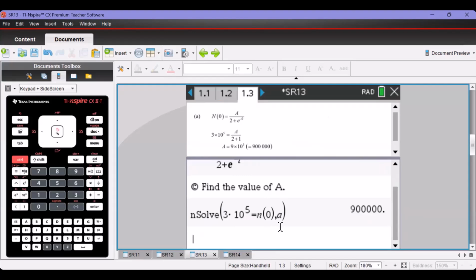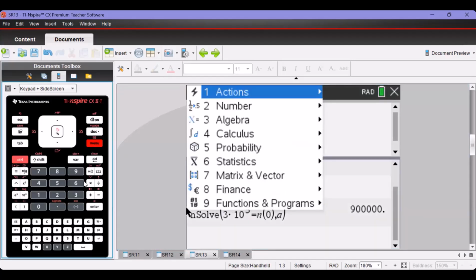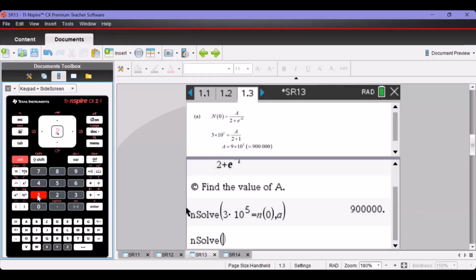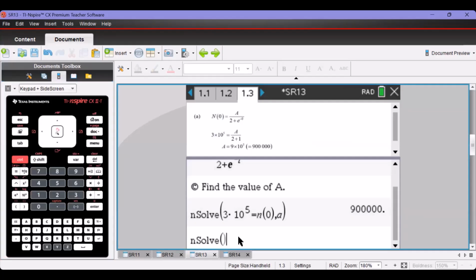To find nsolve or numerical solve, you would press menu, then 3 for algebra, and then 1 or enter for numerical solve. Then all you need to do is enter the equation as I've shown here and complete the syntax by adding comma A. Because there's only one solution to this equation, it's quite safe to use the numerical solve command. And when you solve for A, you obtain A equals 900,000.